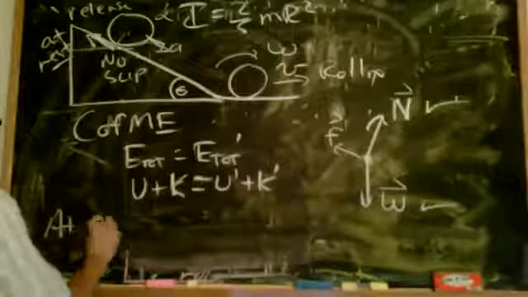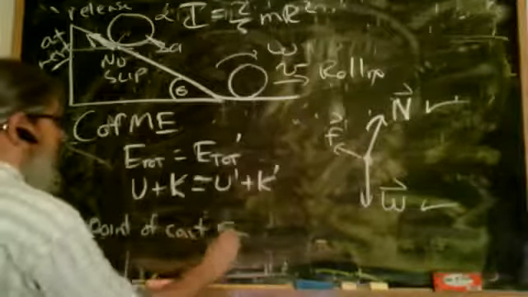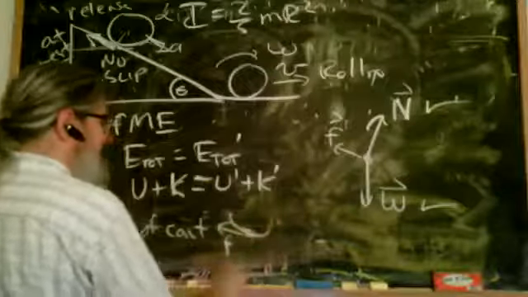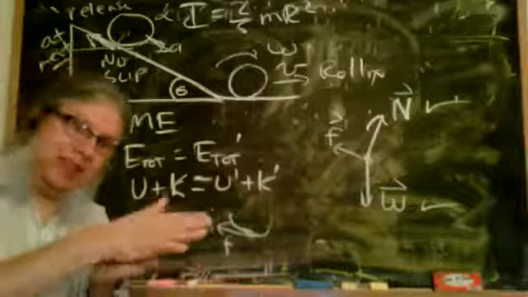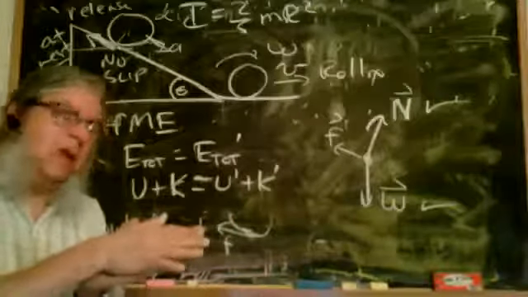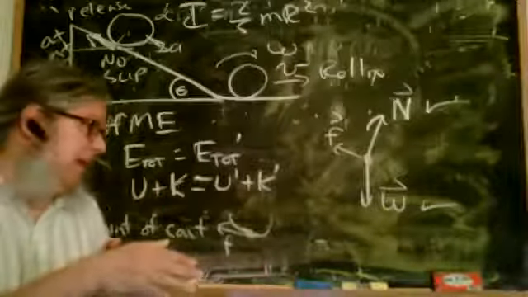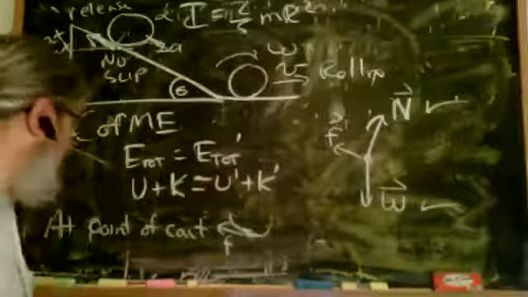At the point of contact, there is a force being applied, but at that point of contact, there's no slipping and no sliding. Therefore, there's no work being done against that point of contact. You are accelerating the ball, however, and that means that you've got to expand your notion of kinetic energy.